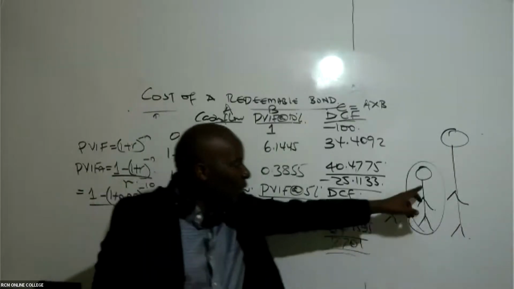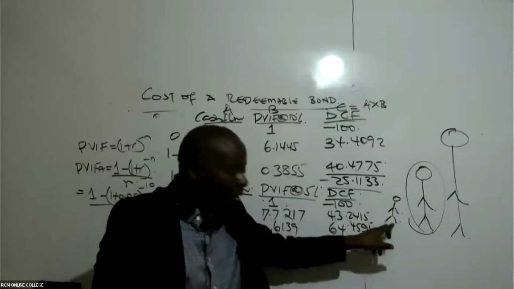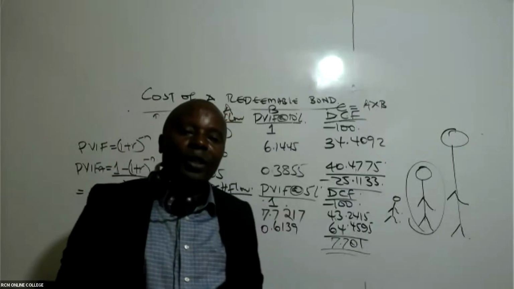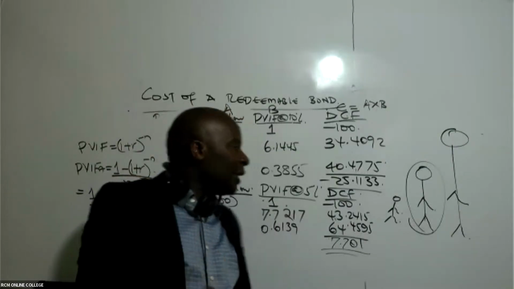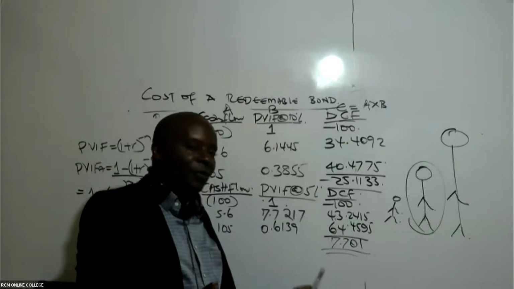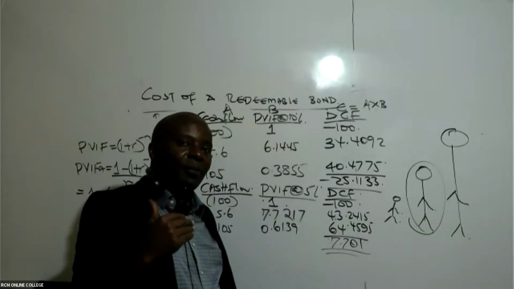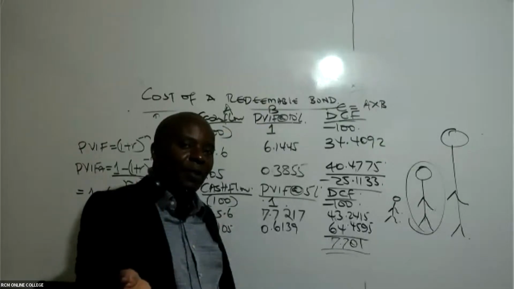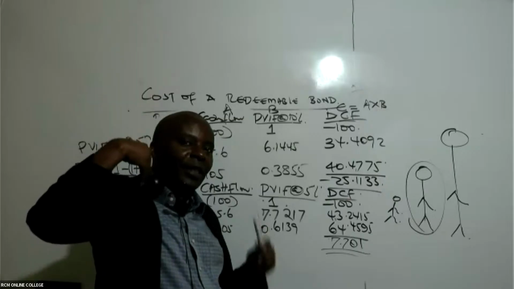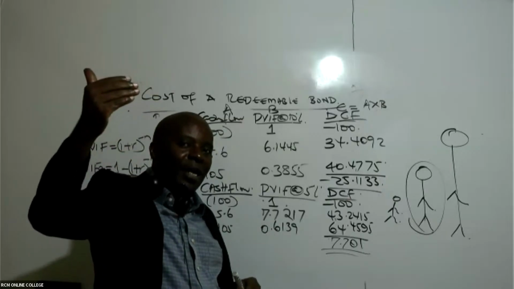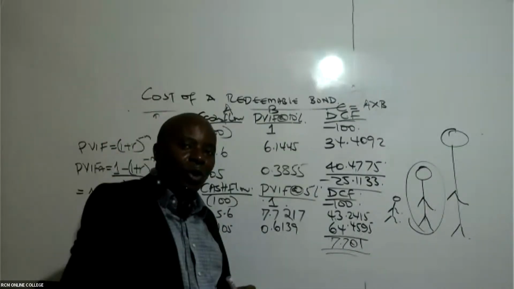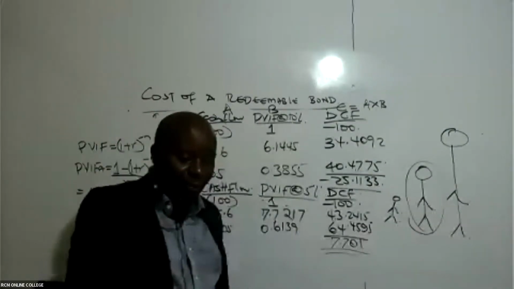If you started with 7.701 positive, then to get a negative NPV I go for a higher cost of capital. But if I start with a negative NPV, then for the next one I have to lower my cost of capital to get a positive.